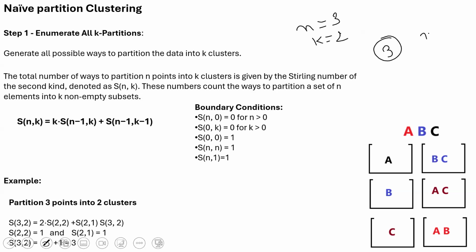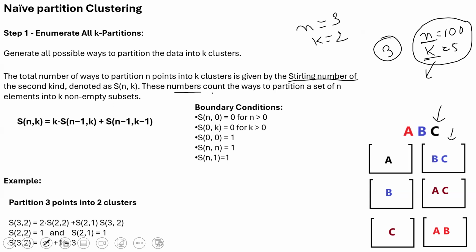If you're given n equal to 100 and k equal to 5, you cannot go with this approach of actually creating the different partitions, right? You need to have one formula to understand. This is a derived formula from doing these experiments. So this Stirling number of the second kind formula says how many different partitions or enumerations are possible given the number of points and the number of clusters.